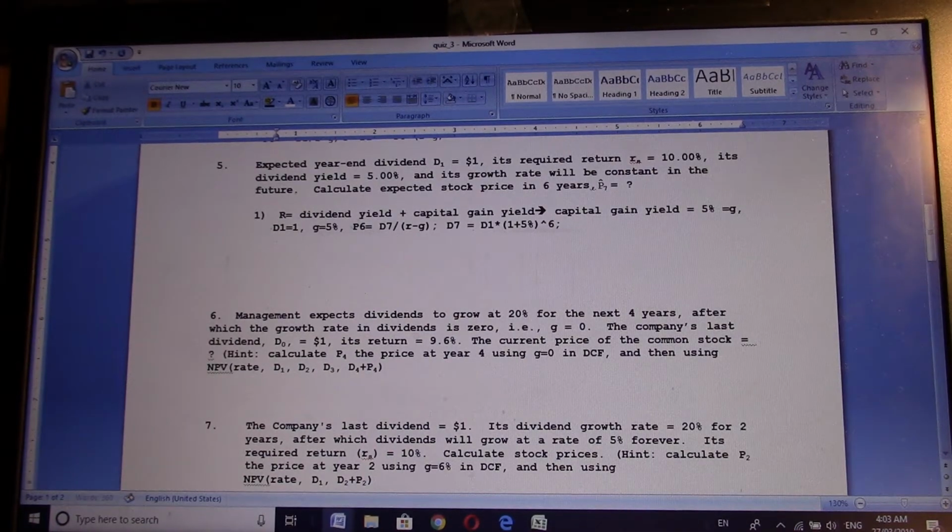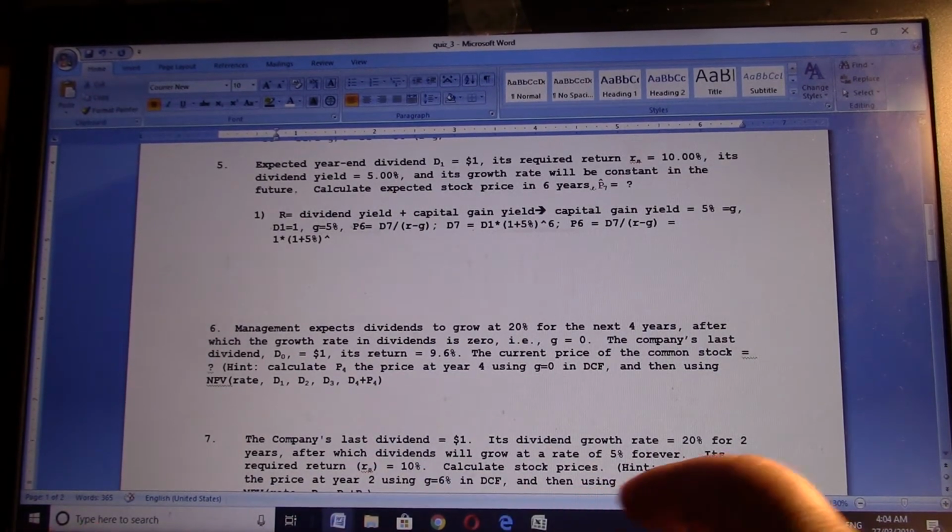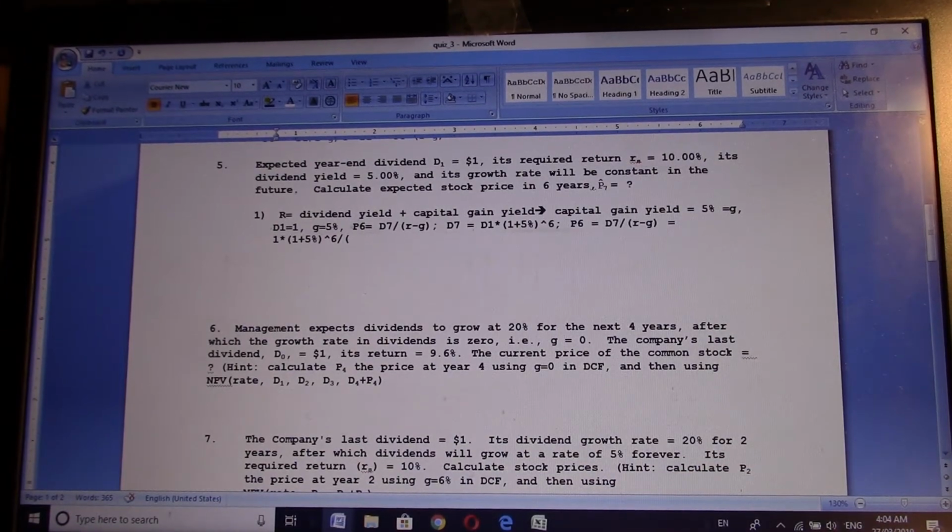Once you got the D7, P6 should equal D7 over R minus G. So it should equal D1, which is 1, times 1 plus 5% to the power of 6, over R minus G, 10% minus 5%.